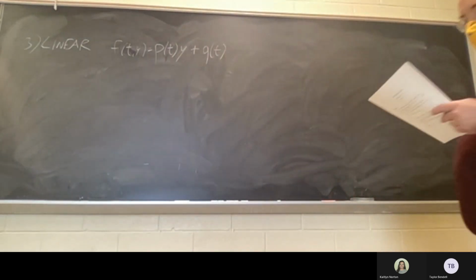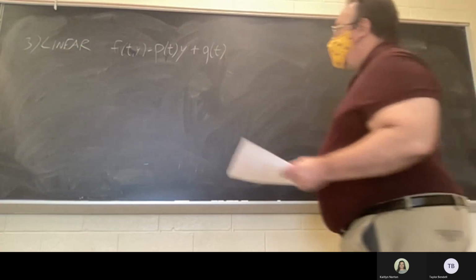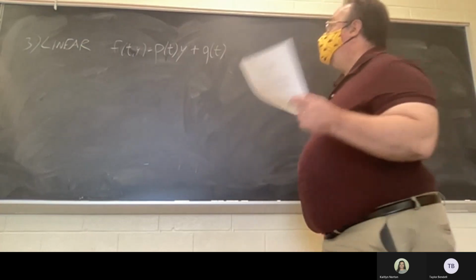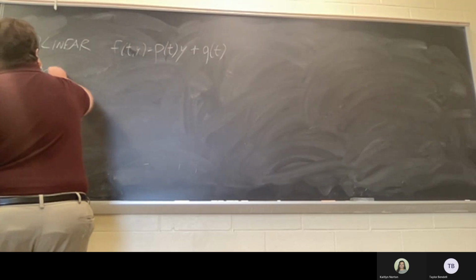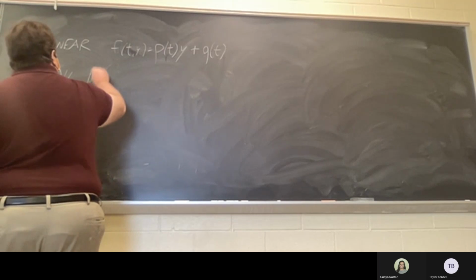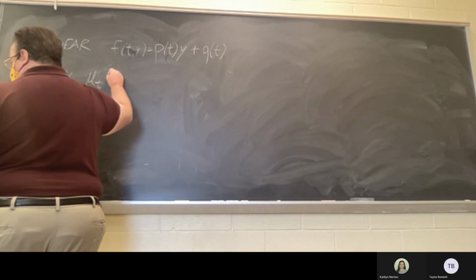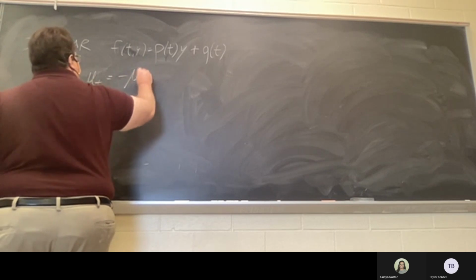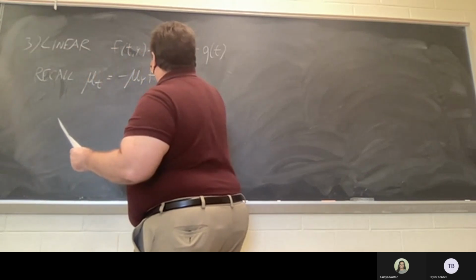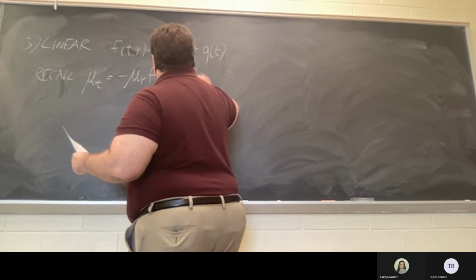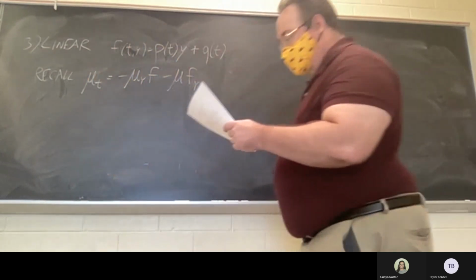So if I go back to the equation that defines the integrating factor mu, mu_t is equal to minus mu_y f minus mu f_y.